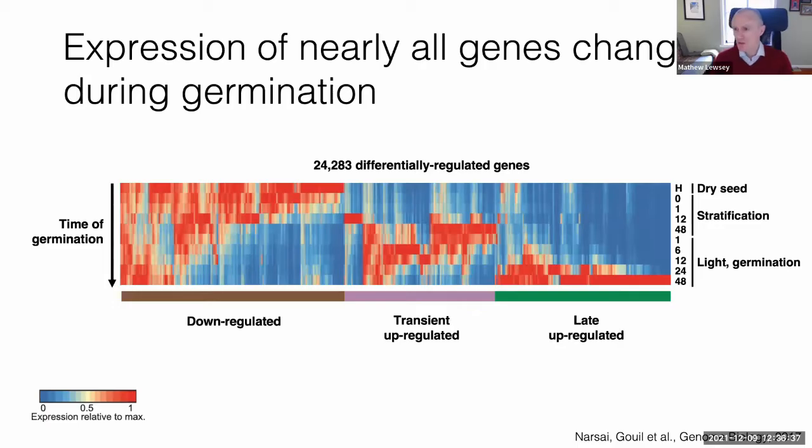These fell into interesting clusters of regulation. You see in the center here, there's a transient upregulated cluster. So these guys go up around about the transition between stratification into room temperatures and light. You see a late upregulated cluster over here.